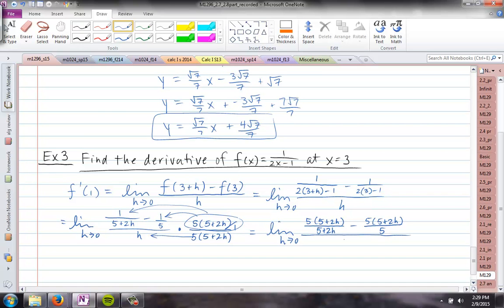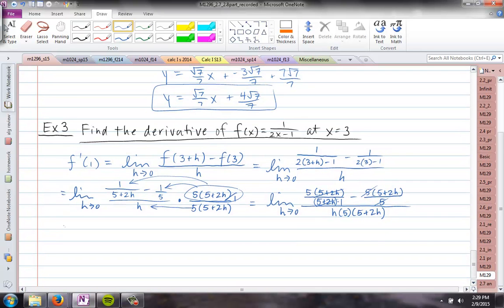Big denominator, just carry over. We have h times 5 times 5 plus 2h. So cancel, this is what this was designed to do, to clear the fractions. So I clear the 5s, I clear the 5 plus 2h, and the 5 plus 2h. I just put that times 1 there as a reminder that, yeah, we can cancel that and be left with a 1.